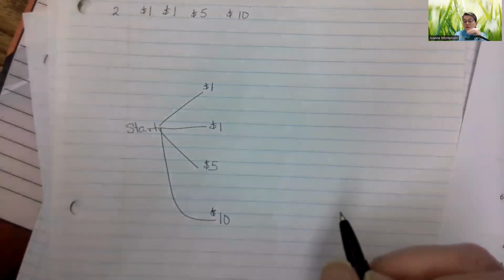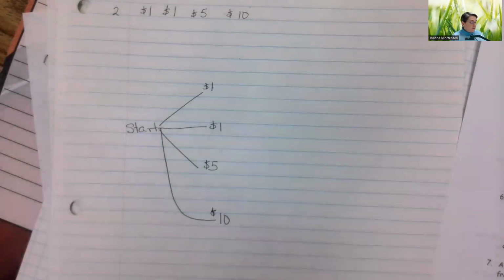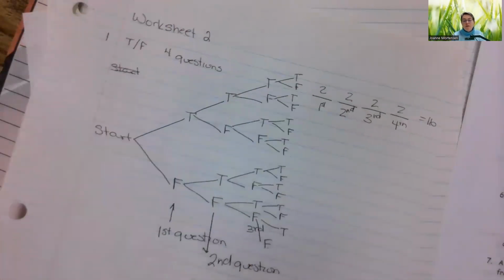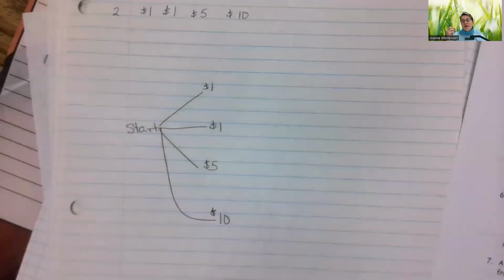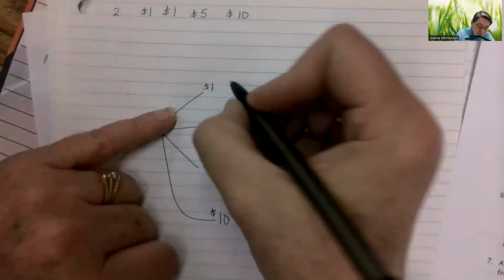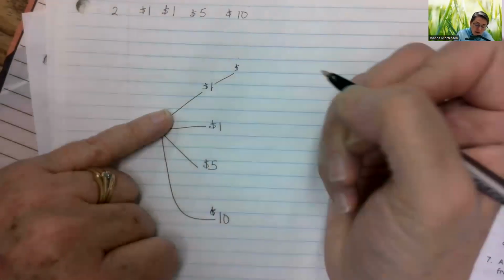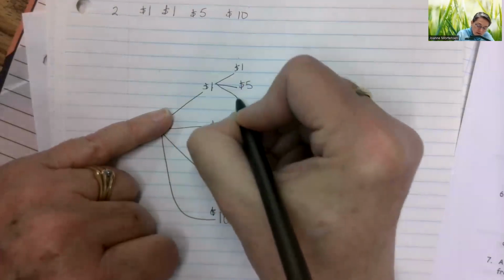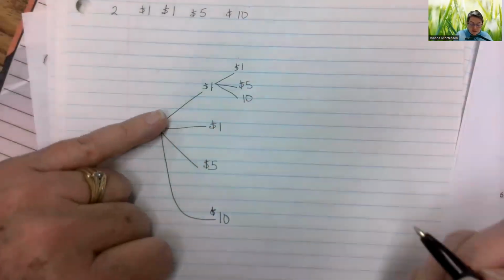So those are my choices. It's not 4 again, right? Not like the first question, where every single time it could be true or false. There was no options. Here, I've taken one out. So I could get the other $1 bill. I could get the $5, or I should get the 10. I'm not writing the dollar sign anymore.